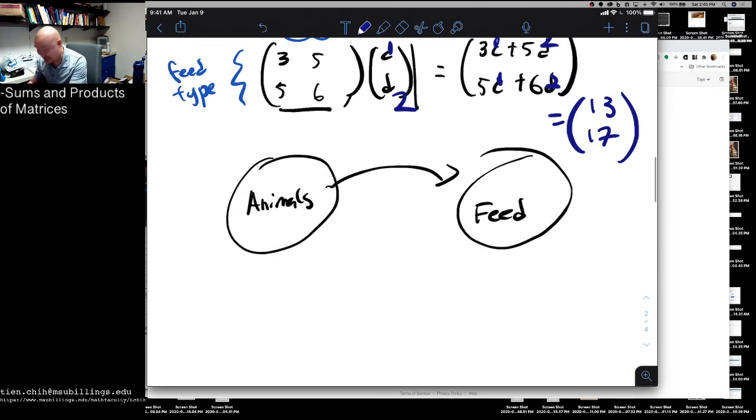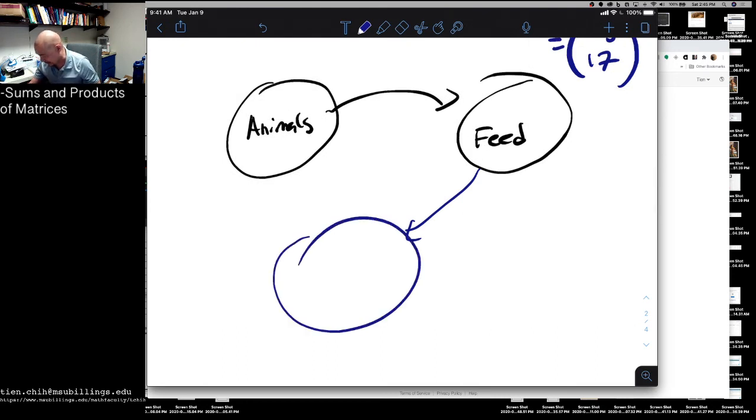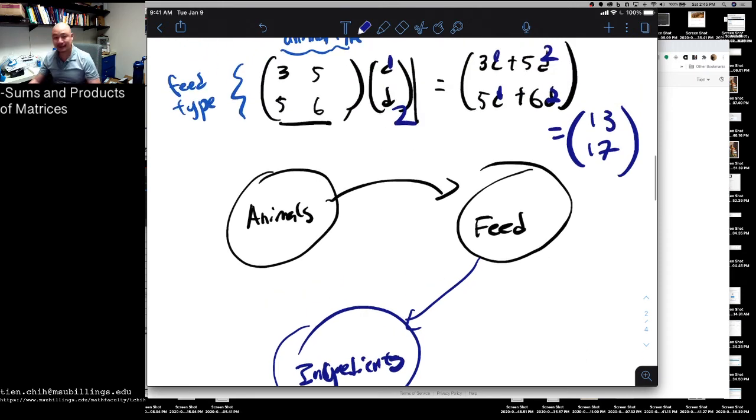Now, let's say each type of feed took different types of ingredients to make, and we want to know how many of those ingredients we needed. That would be a different matrix. That would correspond to that transformation.